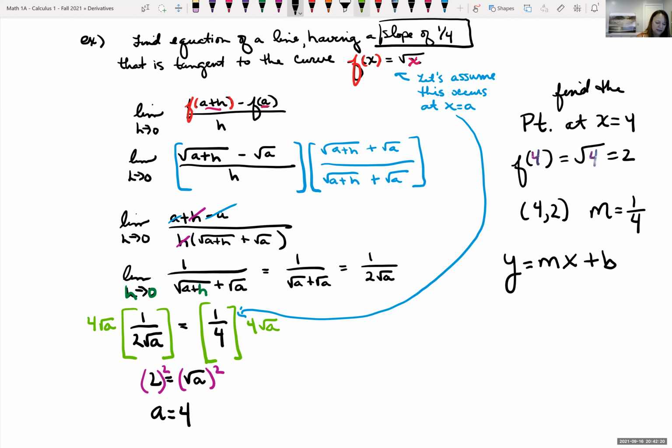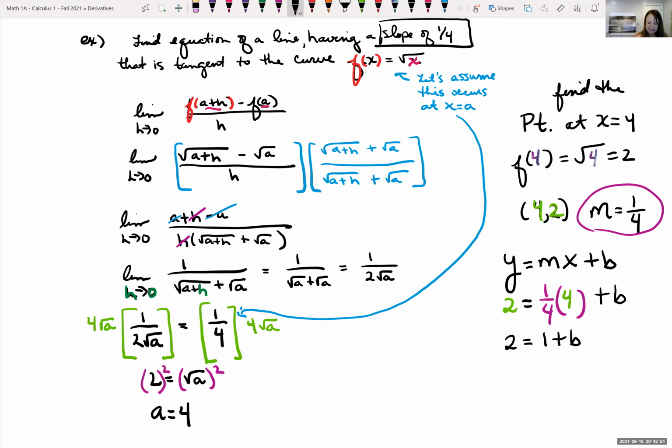So for our point, y is 2, is equal to our slope, which is 1/4, times our x value, which is 4, plus b. So I get 2 equals 4 times 1/4, which is 1, plus b.